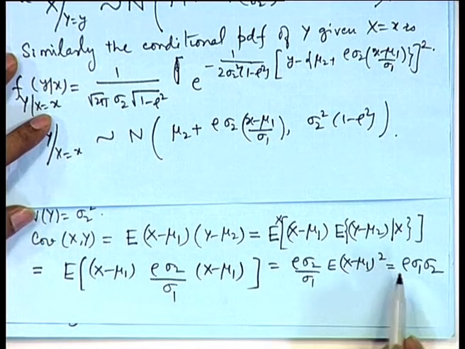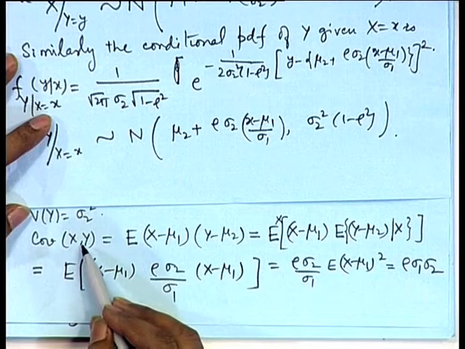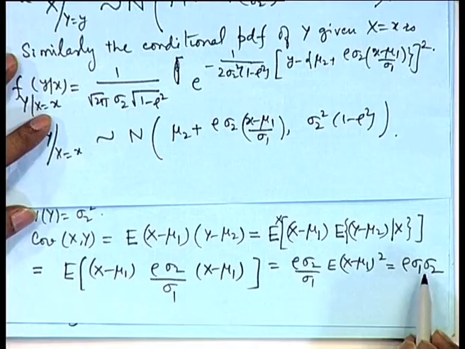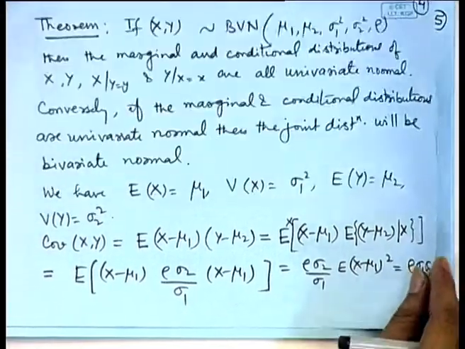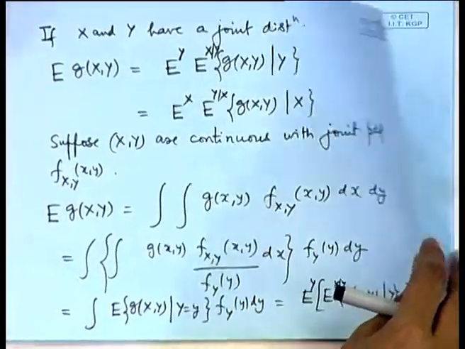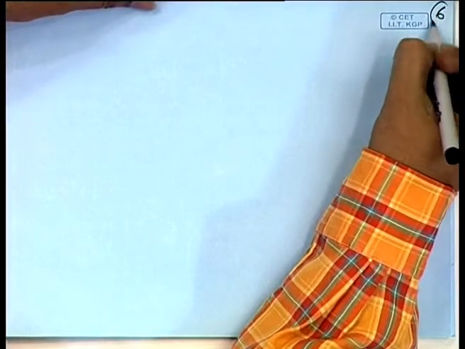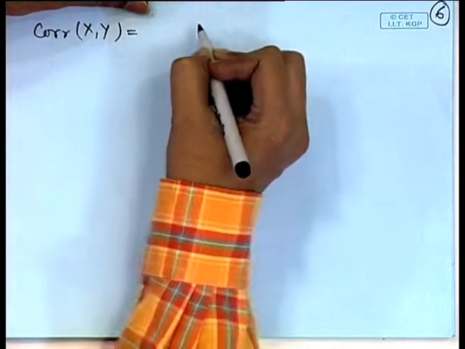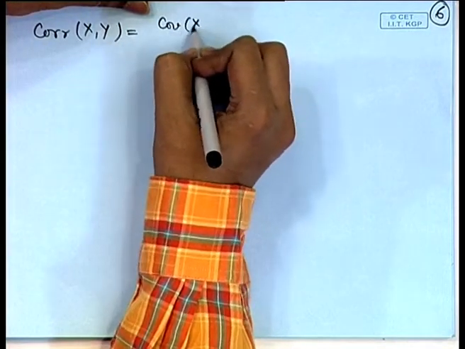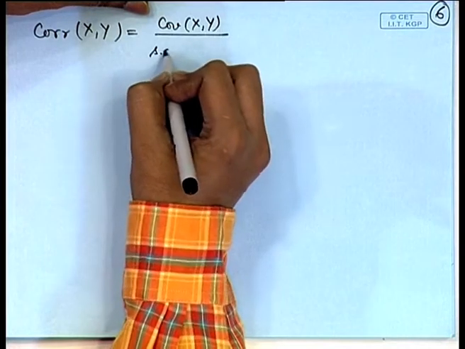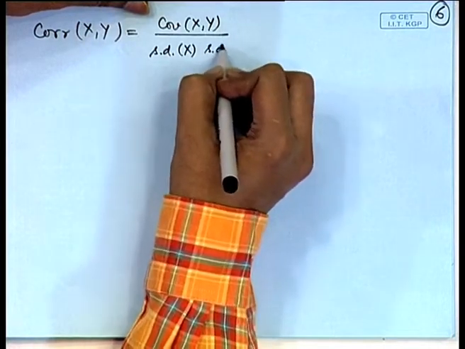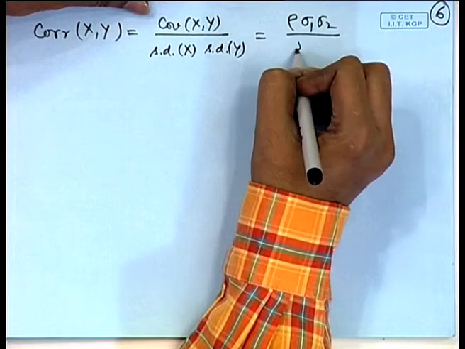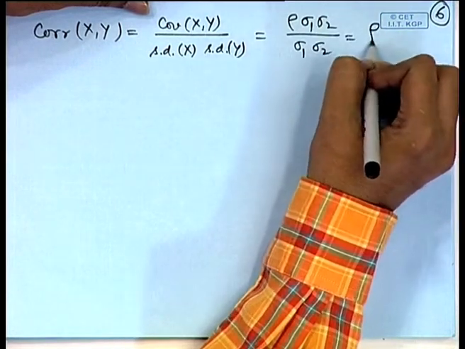So, we conclude that the covariance of x and y in a bivariate normal distribution is given by rho sigma 1 sigma 2. Therefore, we can calculate the coefficient of correlation between x and y as covariance between x and y divided by standard deviation of x and standard deviation of y, that is rho sigma 1 sigma 2 by sigma 1 sigma 2, which is equal to rho.